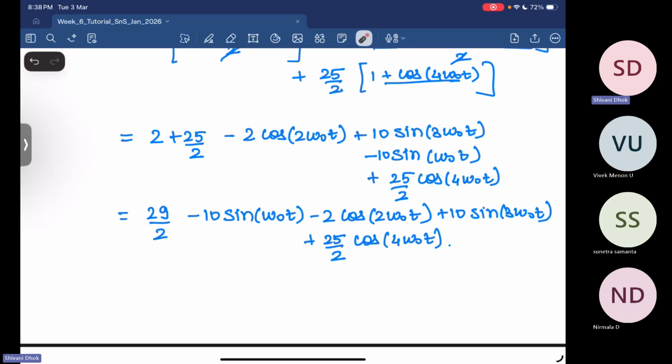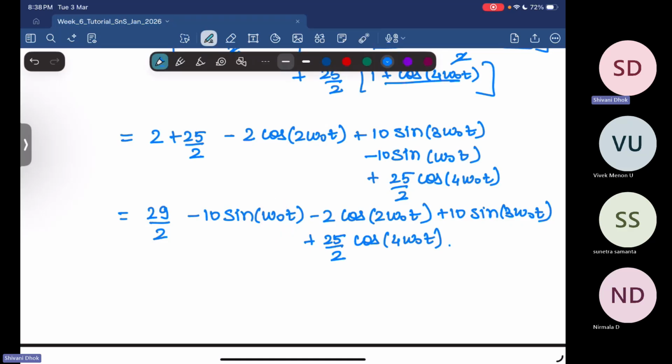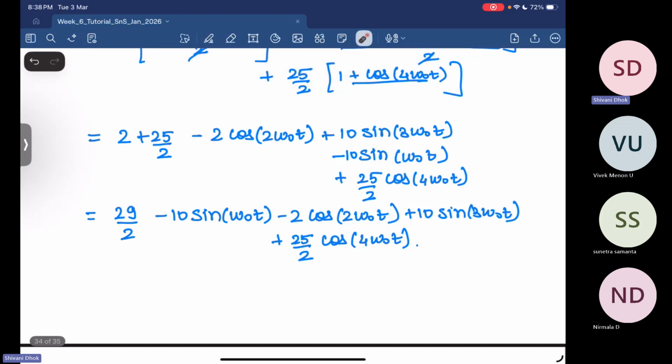So the smallest frequency will be omega naught. You have omega naught, then this is its harmonic, this is also its harmonic, this is also its harmonic. So this 2 omega naught, this 3 omega naught, this 4 omega naught are all the harmonics of this omega naught frequency. You ignore the DC component for now. So omega naught is the fundamental frequency.